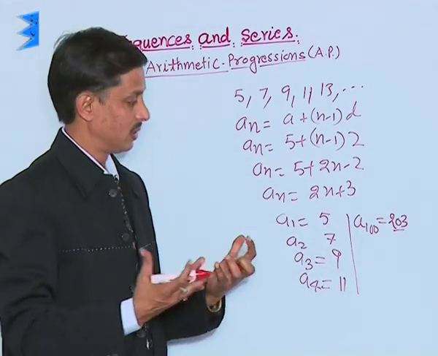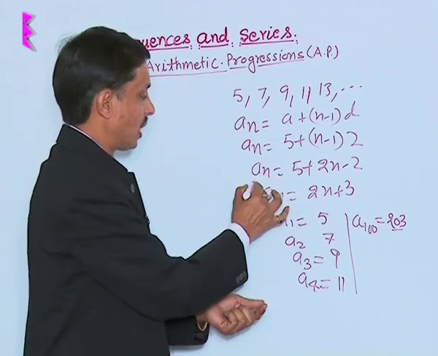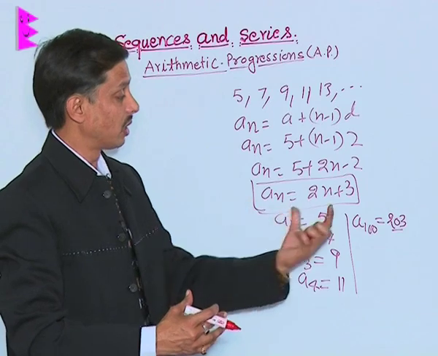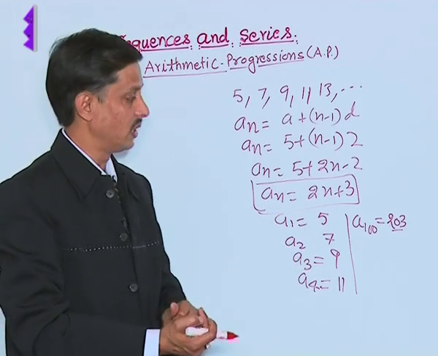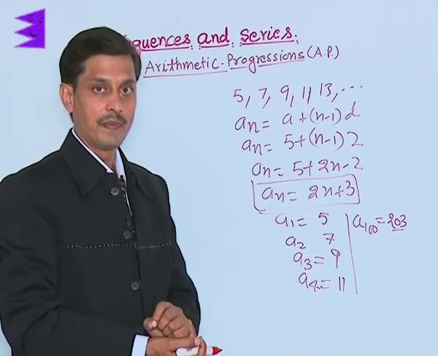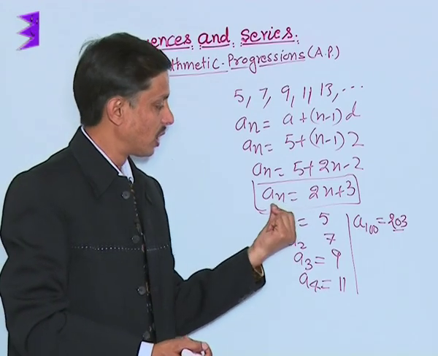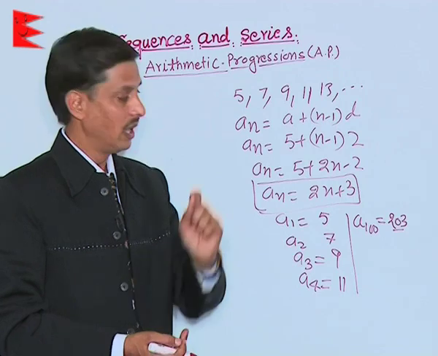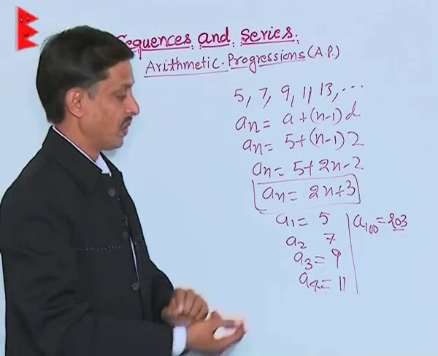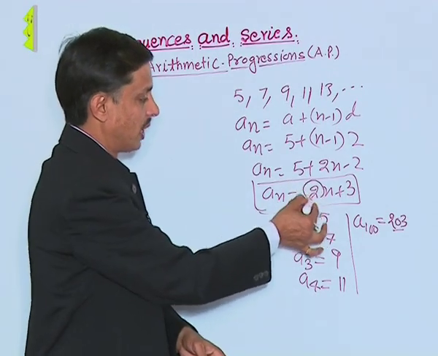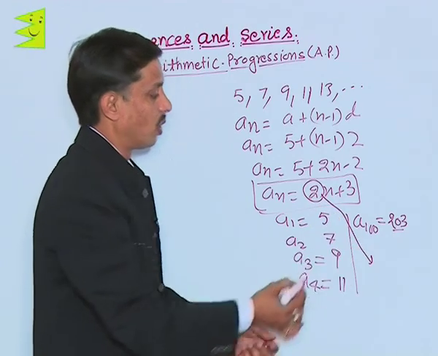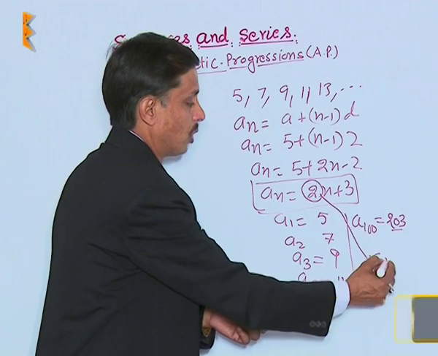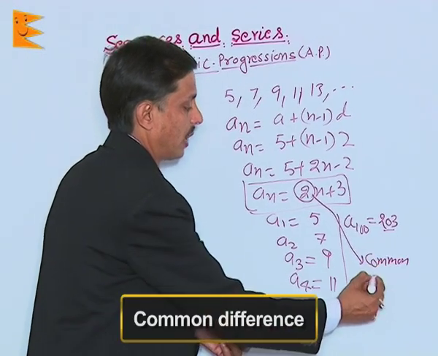So it means that if the general term is given, we can find any term of that arithmetic progression. Always remember that the general term of an AP is always linear in n, and very importantly, whatever is the coefficient of n, the linear term, is known as the common difference.